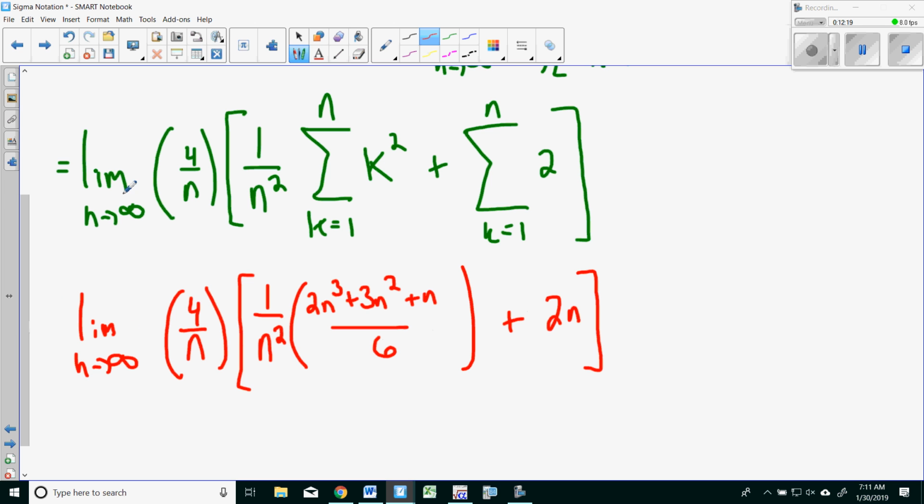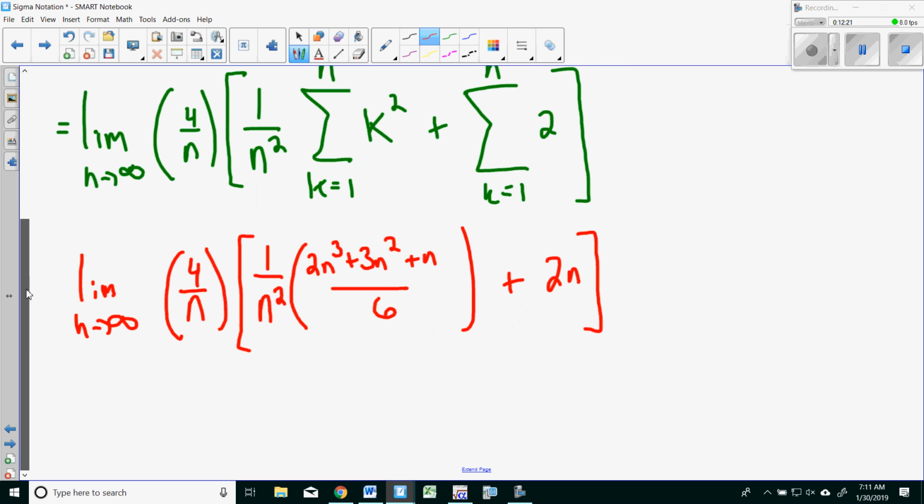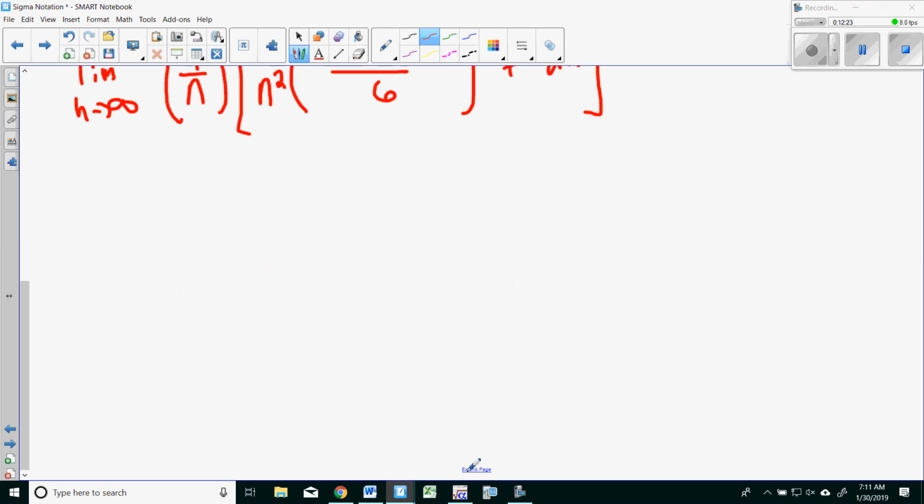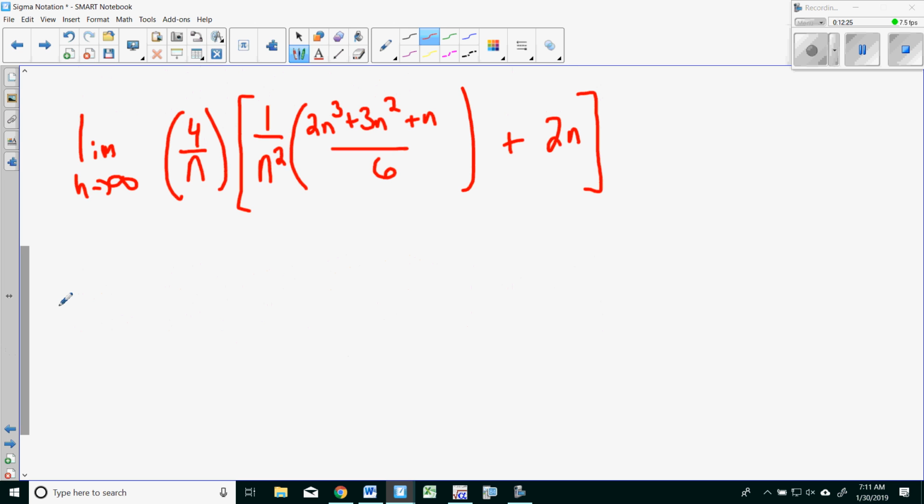Now, in this case, I have two different parts, so I can separate them with the plus sign. So this would give me the limit as n goes to infinity, and the first part here is I still have the 4 over n out in front.